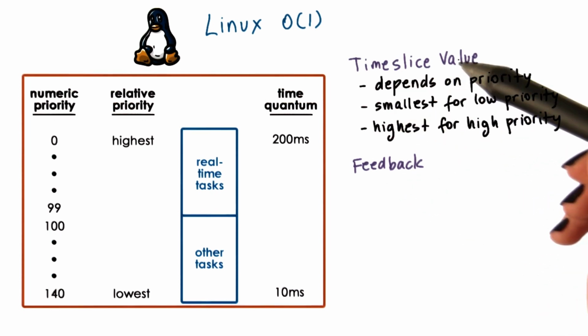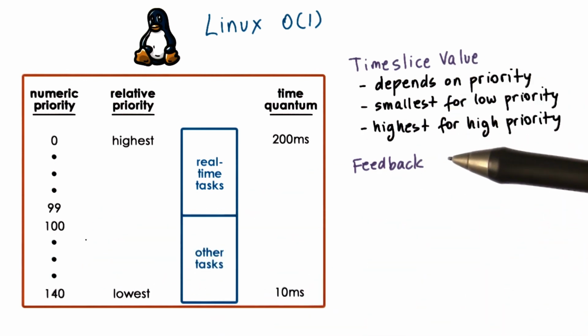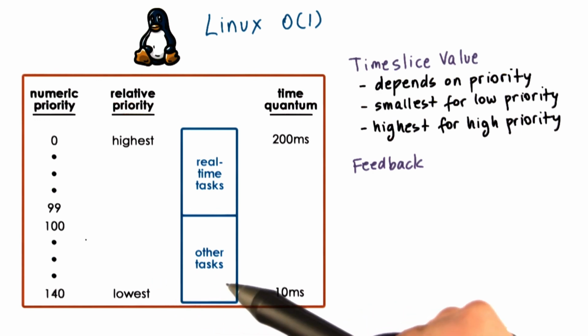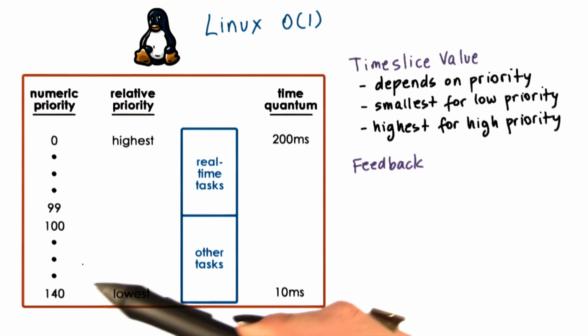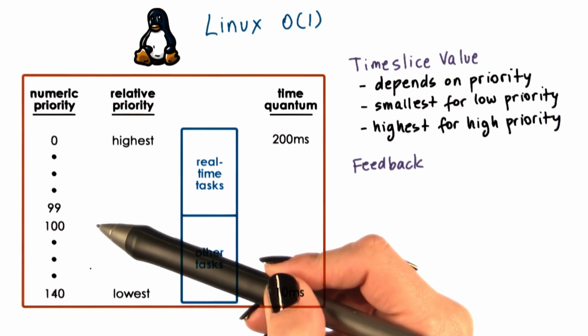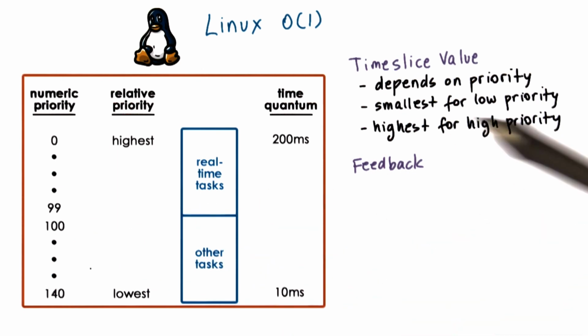It assigns time slice values based on the priority level of the task, similar to what we saw in the multi-level feedback queue scheduling. However, it assigns the smallest time slice values to the low priority CPU-bound tasks, and it assigns high time slice values to the more interactive, high priority tasks.